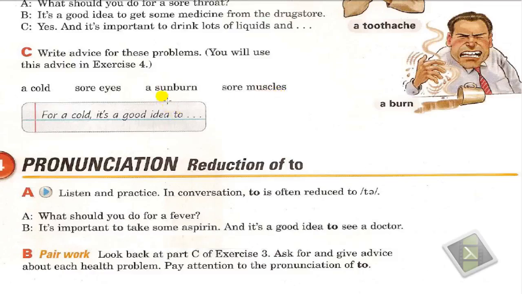Sunburn: you have fever because you walk for a long time in the sun. It's helpful to get a shower. For sunburn, it's helpful to get a cold shower, a long cold bath.